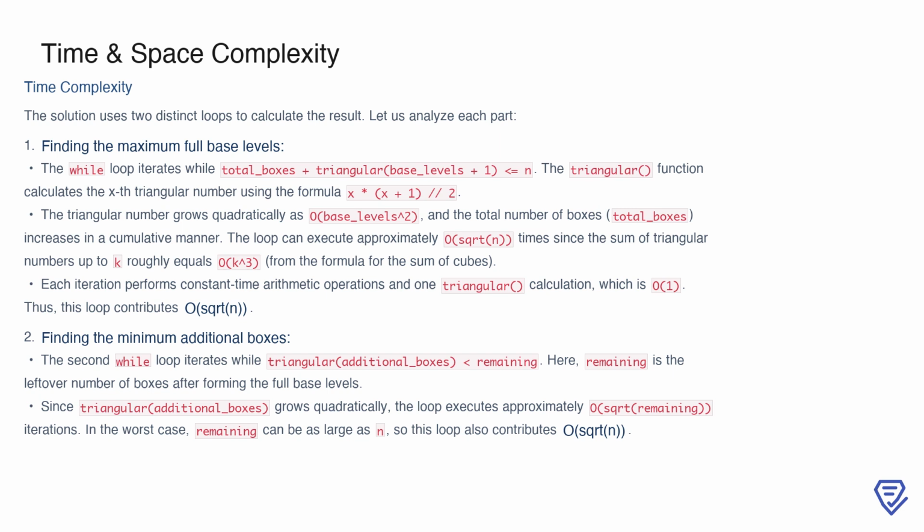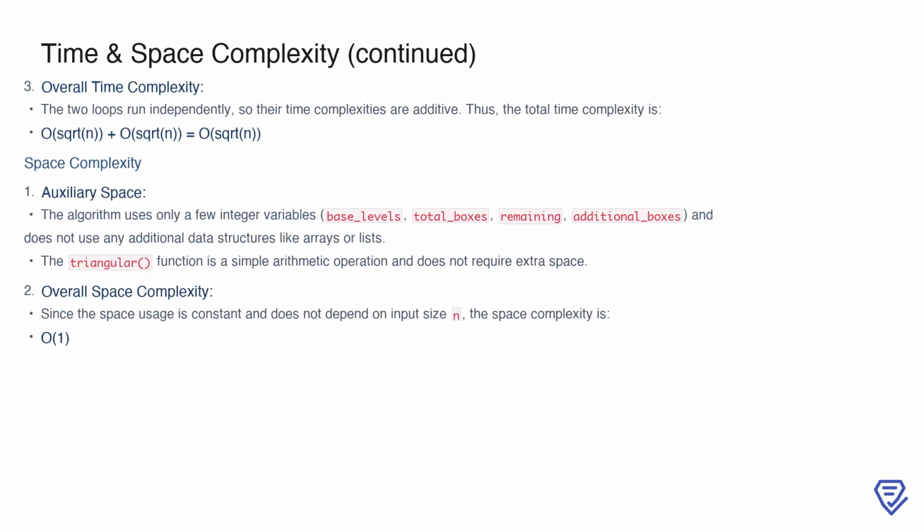In the worst case, where remaining is as large as n, the complexity of this loop is also O(sqrt(n)). Now, let's combine the contributions of both loops to determine the overall time complexity. Since the loops operate independently, their complexities are additive. This means the total time complexity is O(sqrt(n)) plus O(sqrt(n)), which simplifies to O(sqrt(n)).